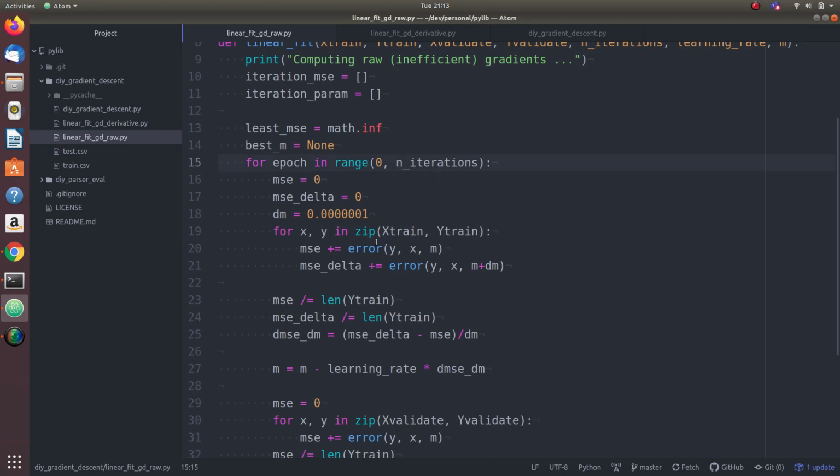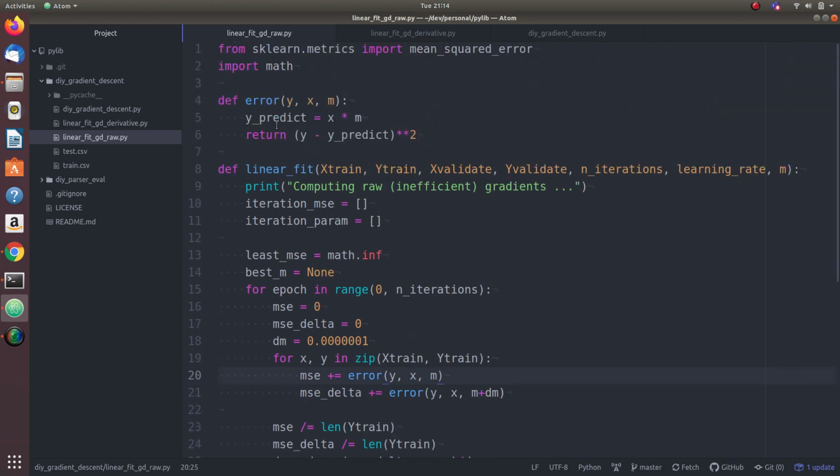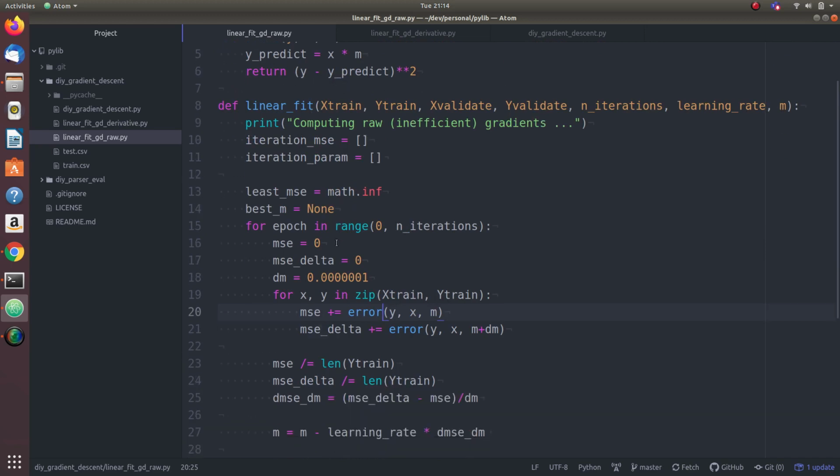Here you can see that for each point in the training set, we are computing the error of the predicted value against the actual value. So this is the error. The predicted value is x into m, and we take the square of the difference with y. And then we are making a small delta change to m. dm is a very small value, and we are looking at the error when m is m plus delta m.